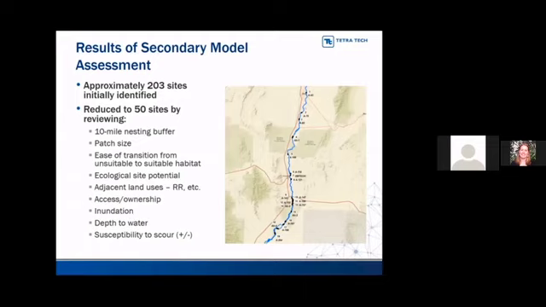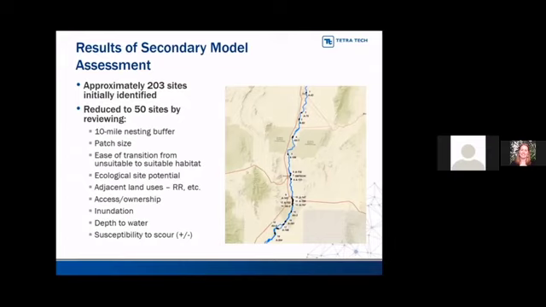We enumerated those sites and then began looking at the secondary filters, such as ease of transition from unsuitable to suitable habitat. Again, going back to the Hink and Omar community structure mapping within the project area. And we looked at ecological site potential, which we interpreted via the normalized difference vegetation index, using multiple years of aerial imagery.